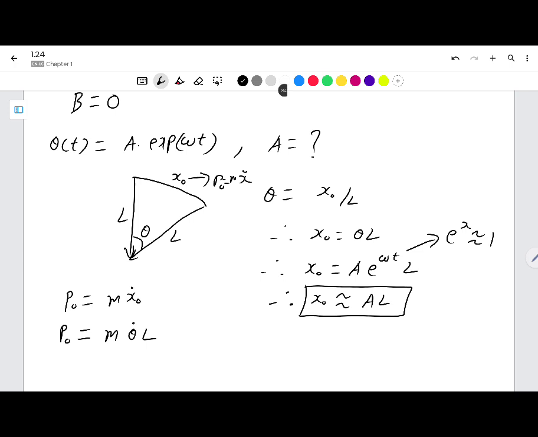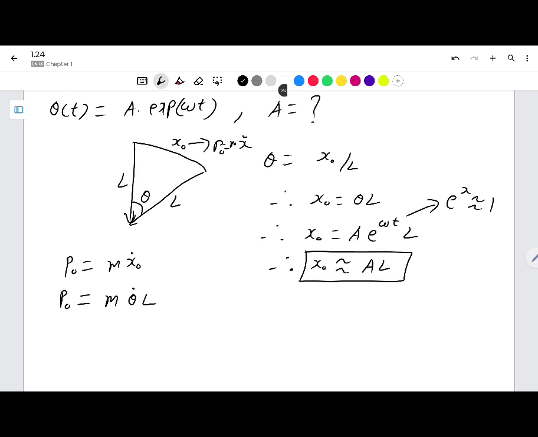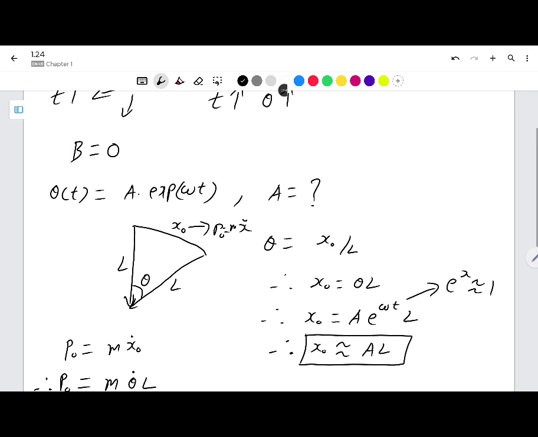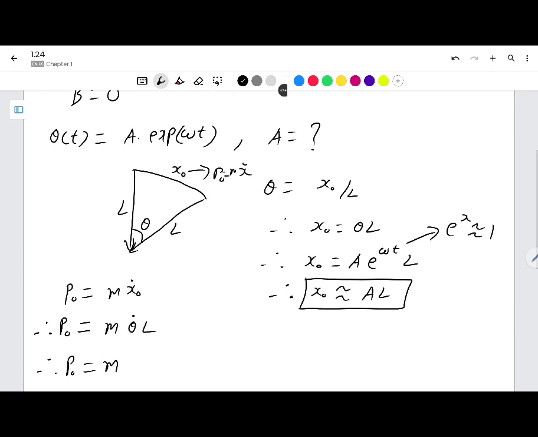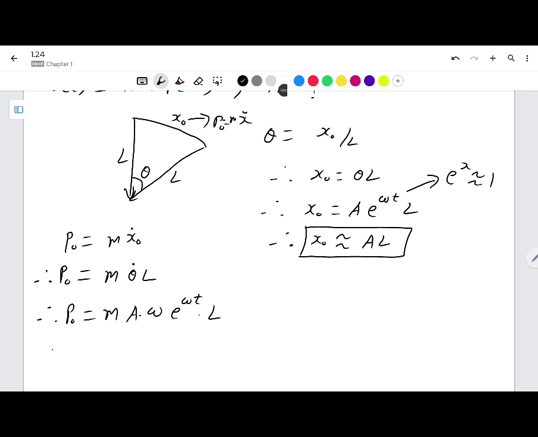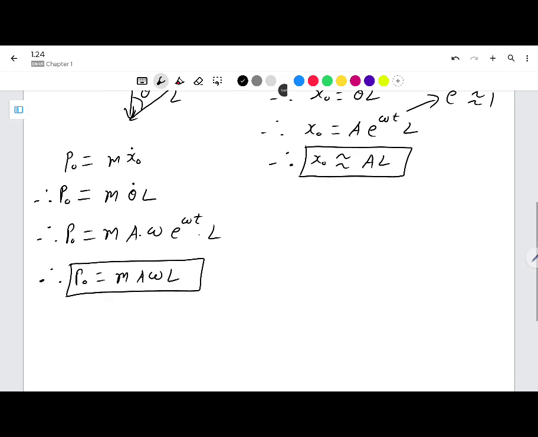This will be m theta dot L. Okay. What is theta dot? For theta, we found the general solution as a exponential omega t. That will give us a omega e power omega t. And again, we make the approximation for very small time. That would give us m a omega L. This is the momentum part.